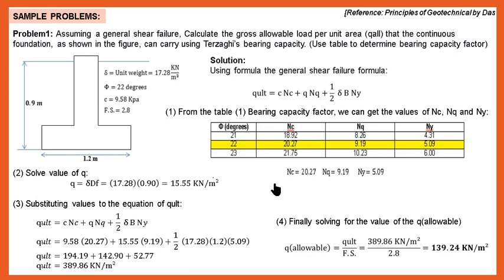So, for problem number 1, assuming we have a general shear failure, the problem states that our failure is a general shear failure. We have to calculate the gross allowable load per unit area, our Q all, that the continuous foundation as shown in the figure can carry using Terzaghi's bearing capacity.